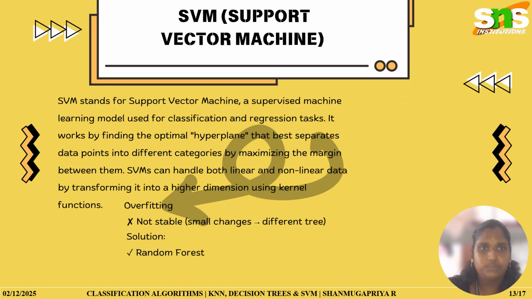Next is SVM, the support vector machine. Support vector machine is a supervised machine learning model, and it is used to find a hyperplane that maximizes the margin between the different data points. It is used for both linear and non-linear methods. It is also not suitable for very large data, so like the decision tree, the solution is random forest.